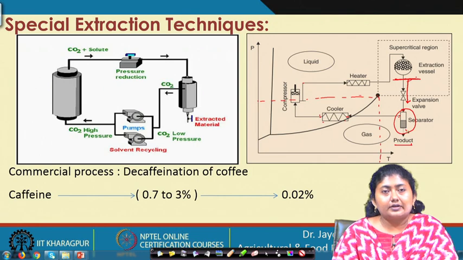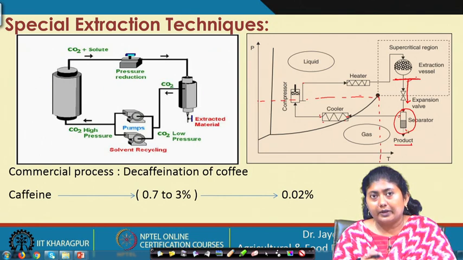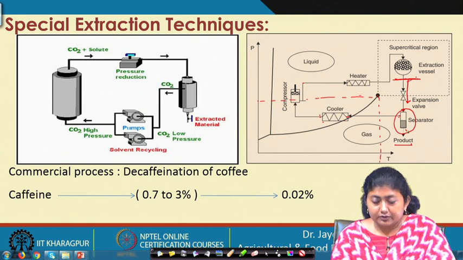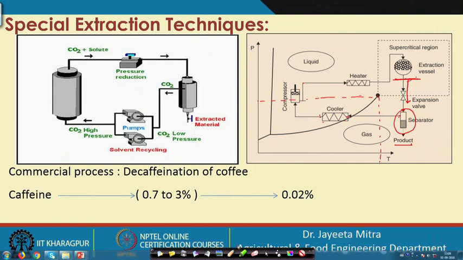In other extractions we have seen that we need to apply distillation or crystallization to separate the solute and the solvent, but here the extracted material can be separated by just pressure reduction. So, this is a very efficient method in that way.